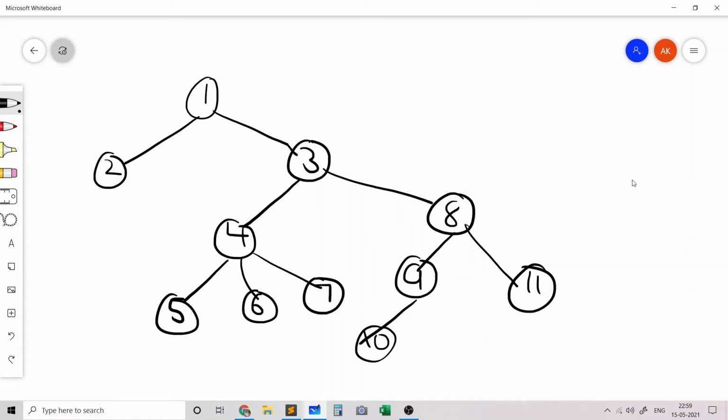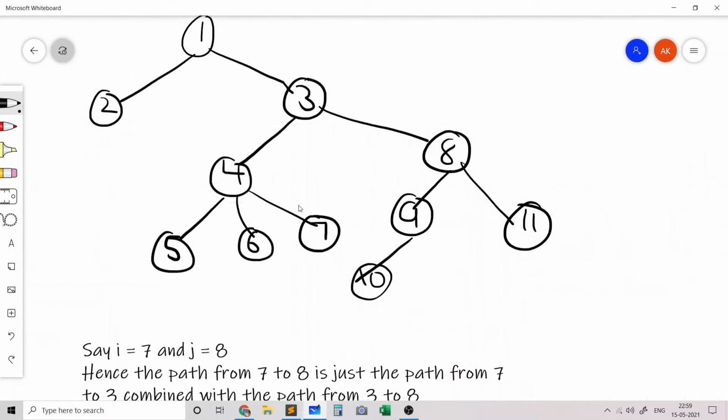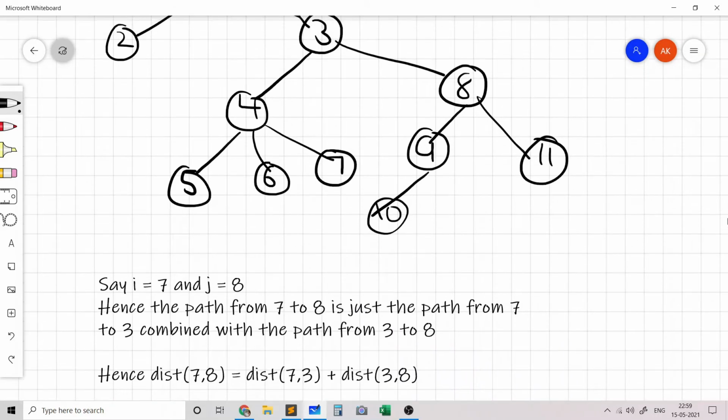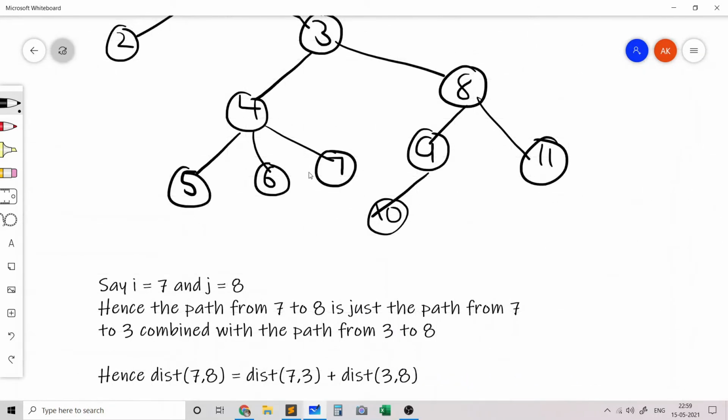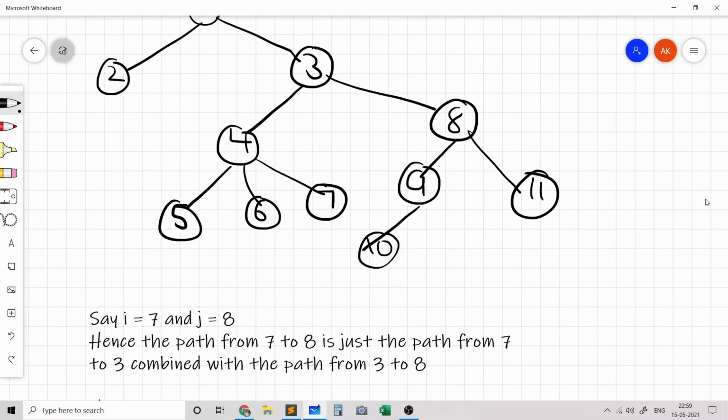That's the main idea. So let's decompose the path from 7 to 8 as a combination of these two paths, 7 to 3 plus 3 to 8. And hence distance of 7 to 8 would be distance of 7 to 3 plus distance of 3 to 8, where distance(i, j) is the sum of the weights of the edges on that path.